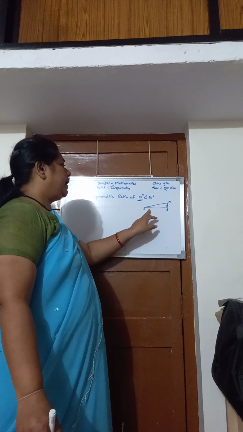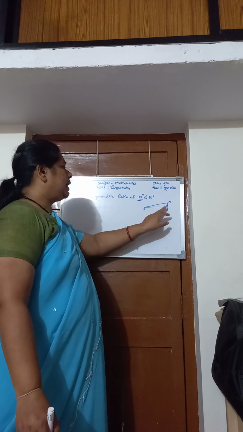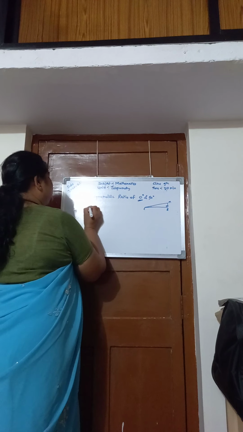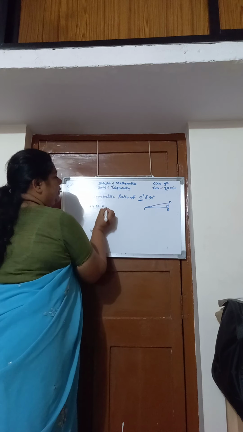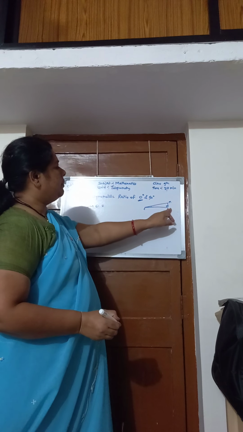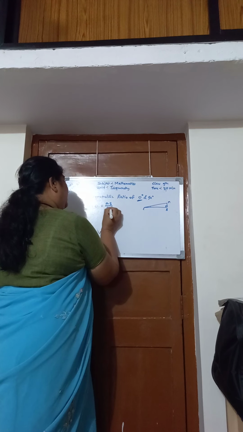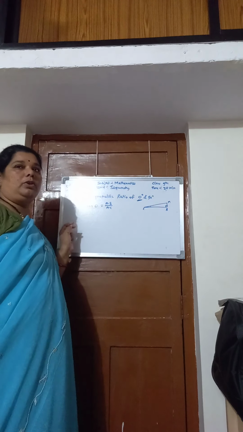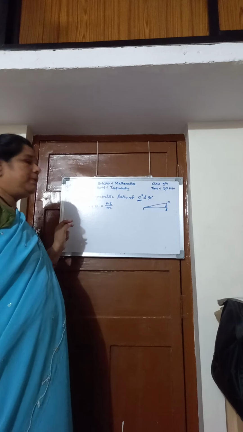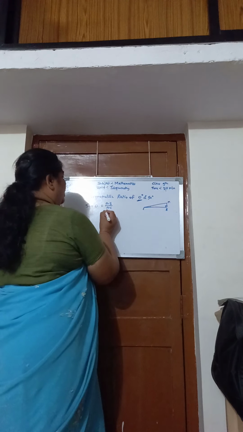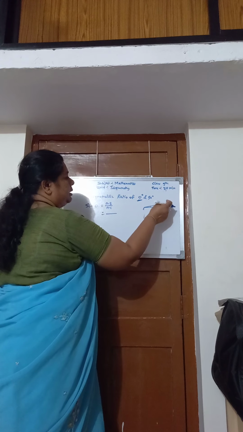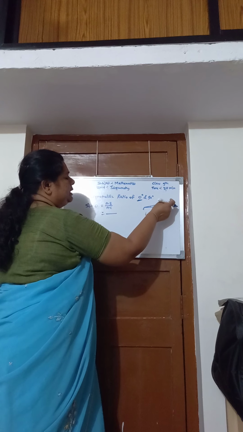Okay. Then sin 0, we have to calculate sin 0. Sin 0 equals AB upon AC. AB is 0 because it is nothing.